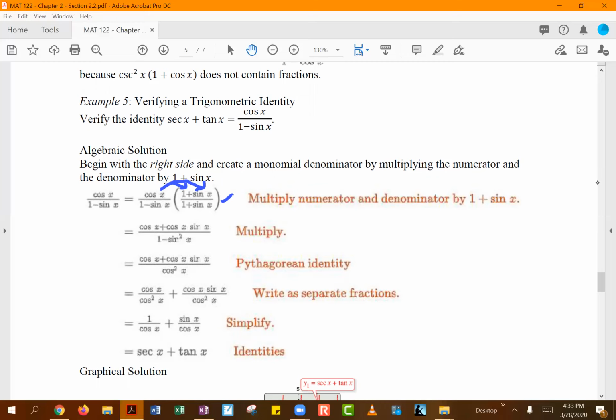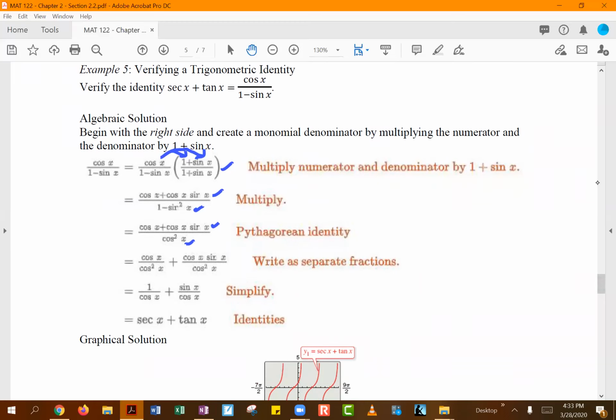So that's where you're getting cosine of x plus cosine of x sine x on the numerator, 1 minus sine squared of x on the denominator. Keeping the numerator the same, you're using the Pythagorean identity to rewrite that denominator, 1 minus sine squared of x as cosine squared of x.